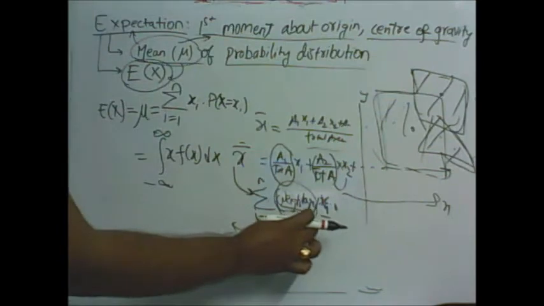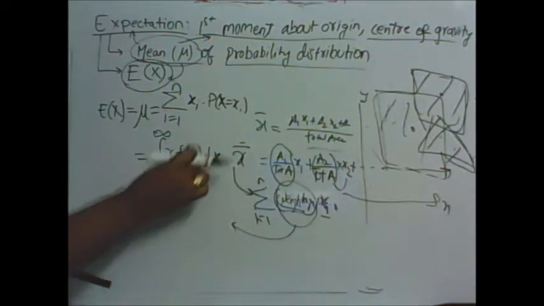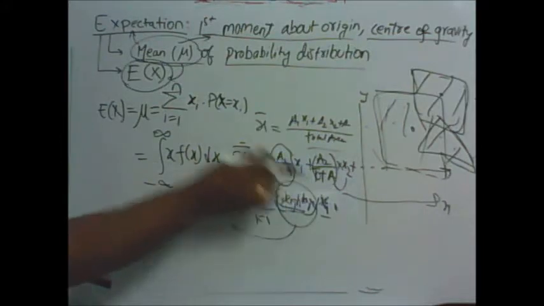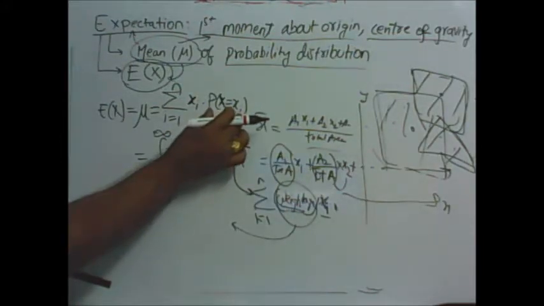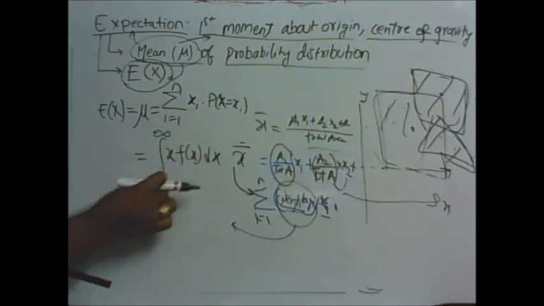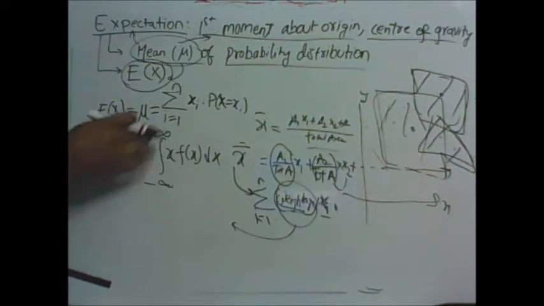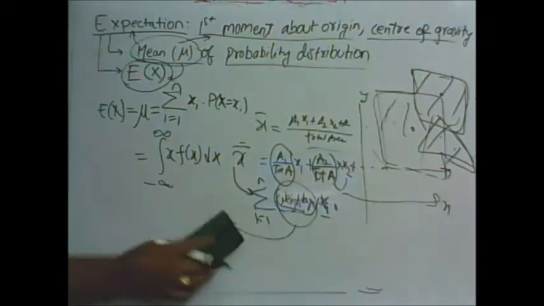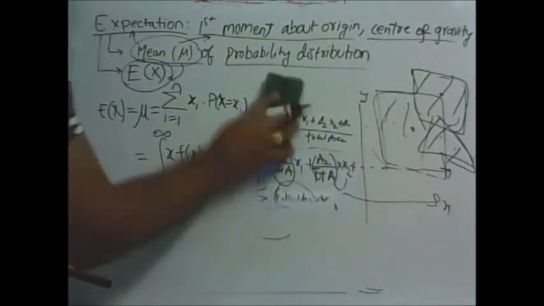Similarly, the weightage is replaced by its probability function. In the continuous case it is the probability density function; in the discrete case it is the probability mass function into its actual coordinate x. So within its limits, minus infinity to plus infinity for continuous, 1 to n for discrete. Okay, hope the concept is clear for you all.